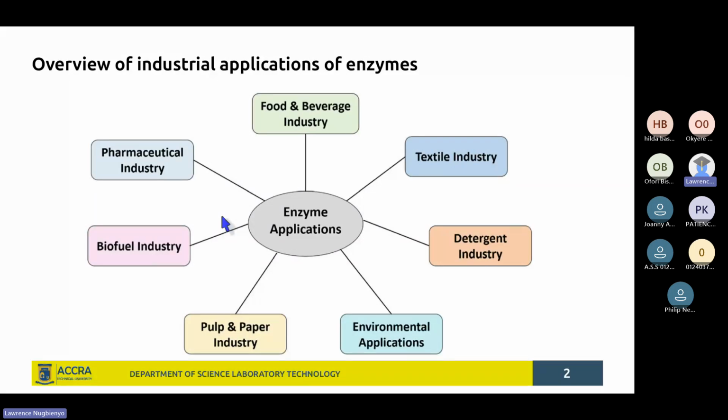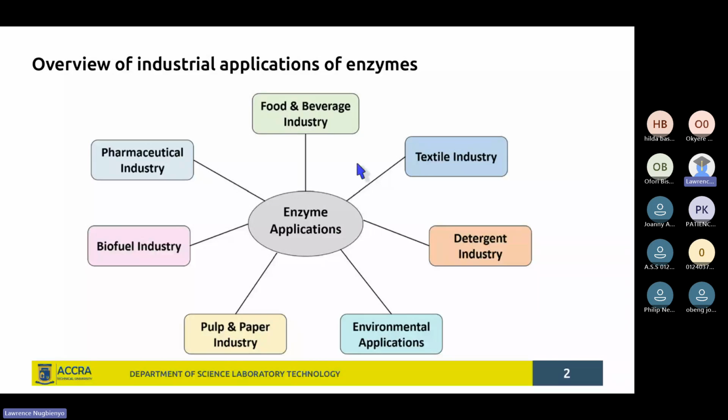So we're taking a look at the overview of industrial applications of enzymes, and you realize that enzymes are applied in various, very, very varied industries, like the food and beverage industry. You have the application of enzymes there. In the textile industry, you also find applications of enzymes.